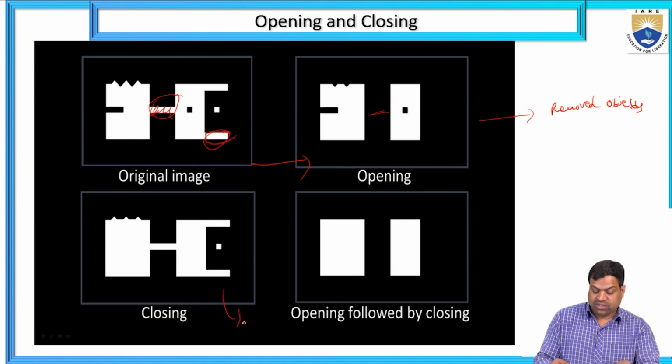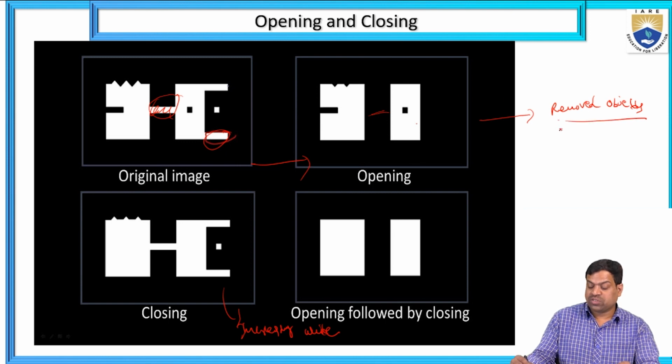Objects are removed, so the background is improved. Here the foreground is improved.